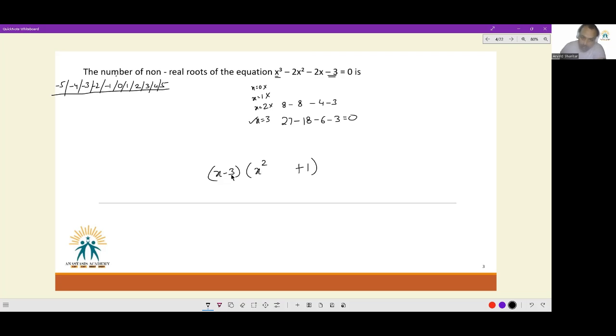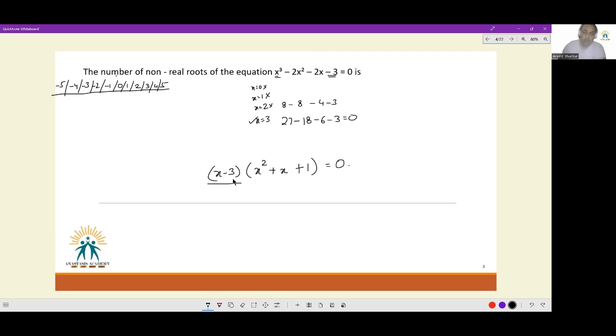Minus 3x square, but I finally need a minus 2x square. So this quotient here will be plus x. You can also see minus 3 into x, minus 3x, plus x. So yes, this expression will simplify to this. And now, see, this is a real root. One first real root has been identified.